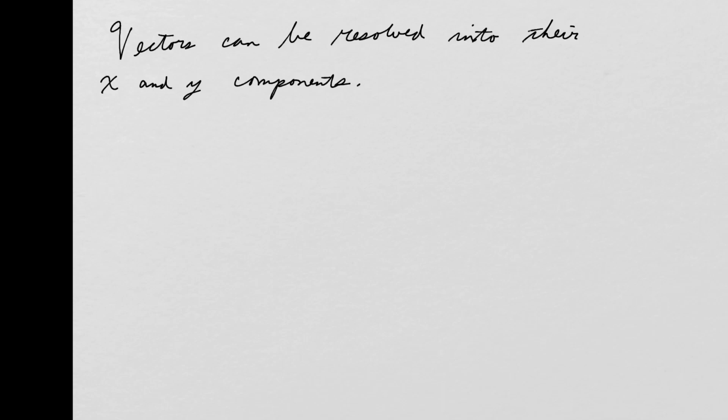So let's say I'm given some vector, let's call it B. And I'm going to assume in this case it's a velocity vector, just as an example. So a velocity is a quantity in physics or engineering that has both a magnitude and a direction.